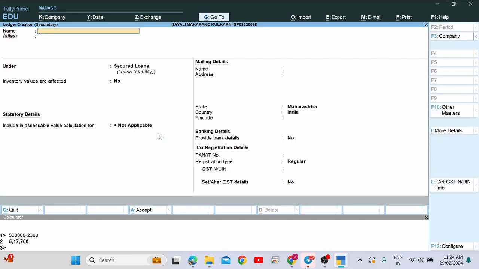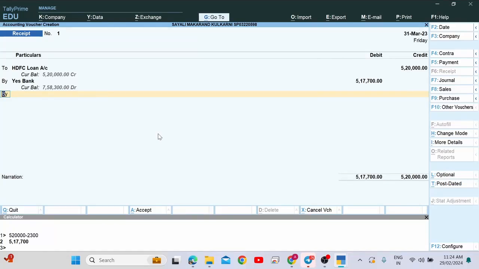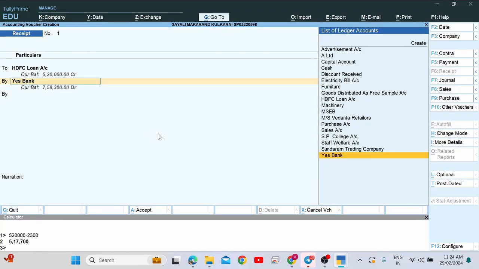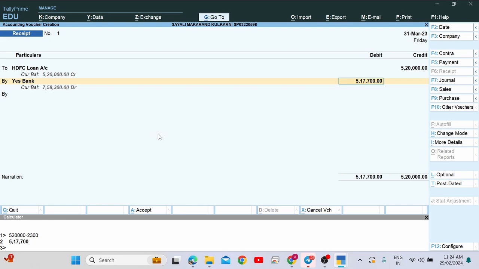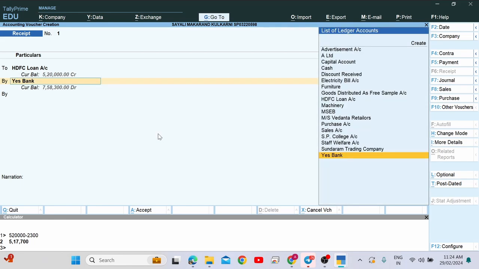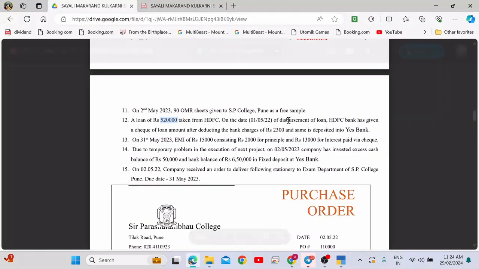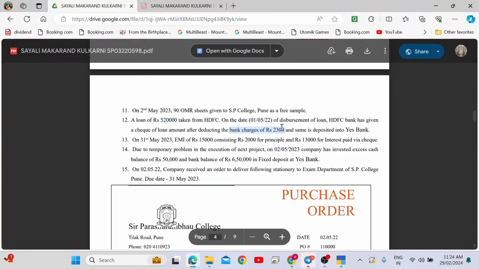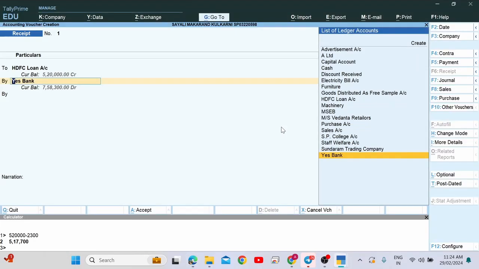Or, let me make it more simple. No need to calculate in Tally. The balance part, 2,300, is of bank charges. Therefore you should give debit to bank charges.